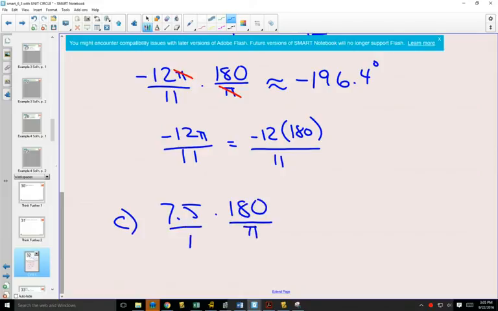So when we multiply this out to the nearest tenth of a degree, we get 429.7 degrees. All right, I'm going to give you some time to try a couple of these. 4, 5, and 7.